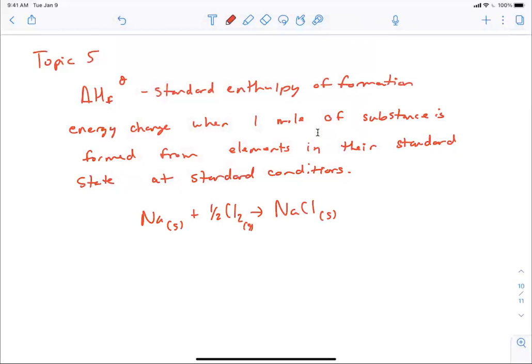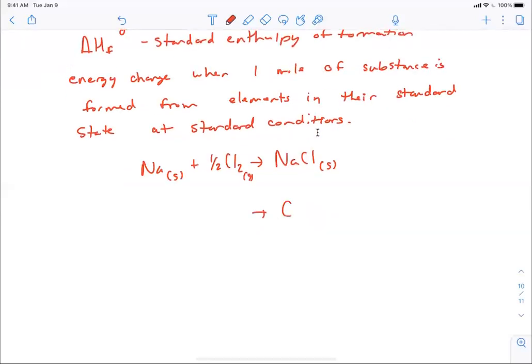So again, the key phrases here are standard state elements, standard conditions, and 1 mole of substance. So the reaction always produces 1 mole, even if it requires fractional coefficients for the species. So things like C2H4 would be 2 carbon solid plus 2 H2 gas to form that. Okay.